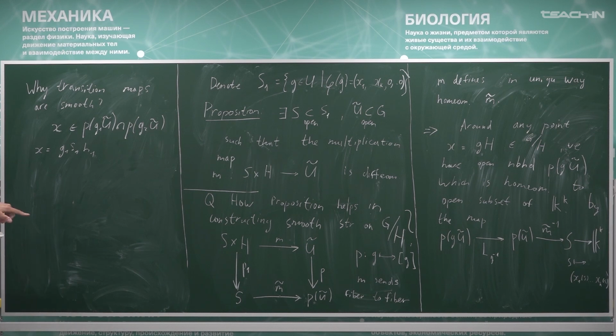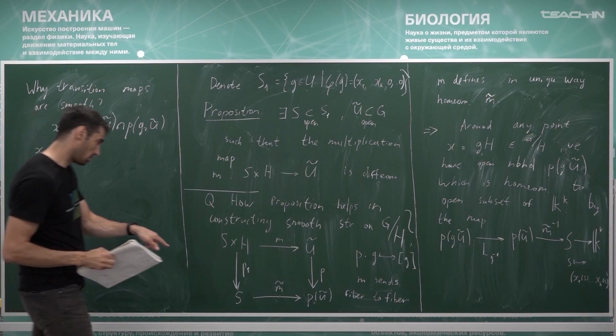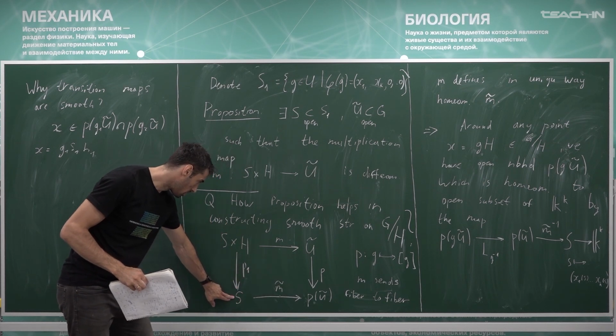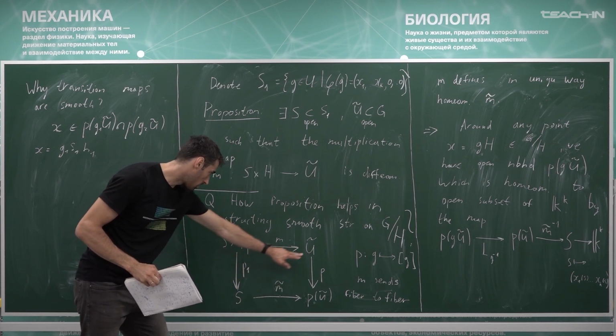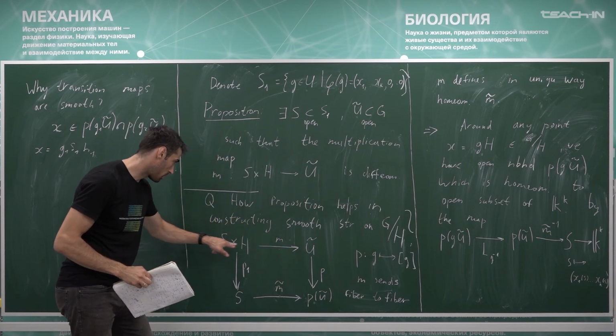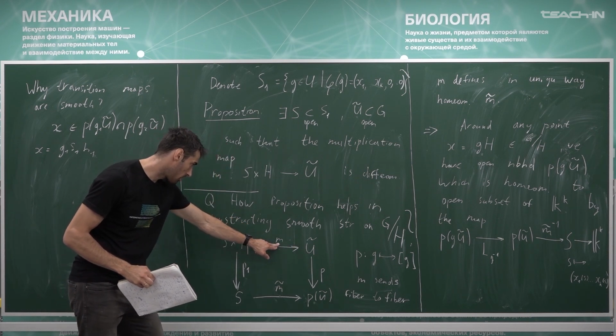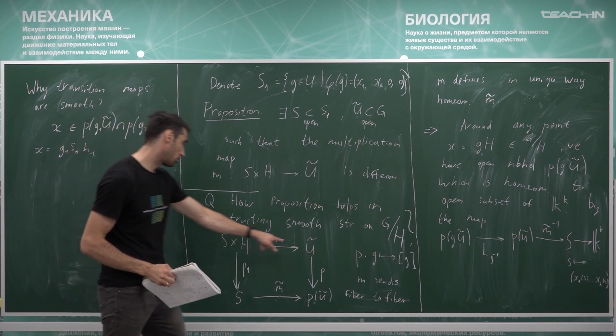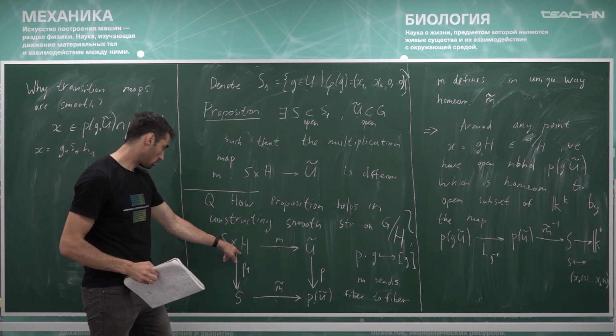Because by taking M inverse, I can go from U tilde to here.